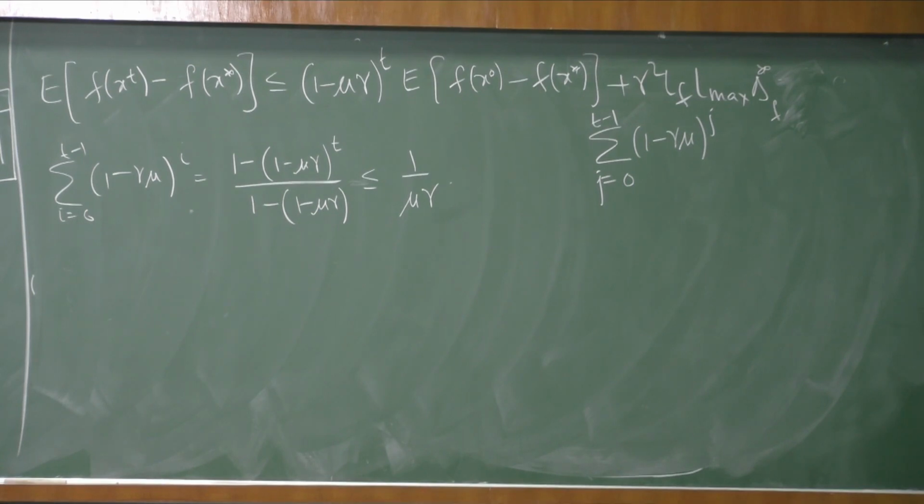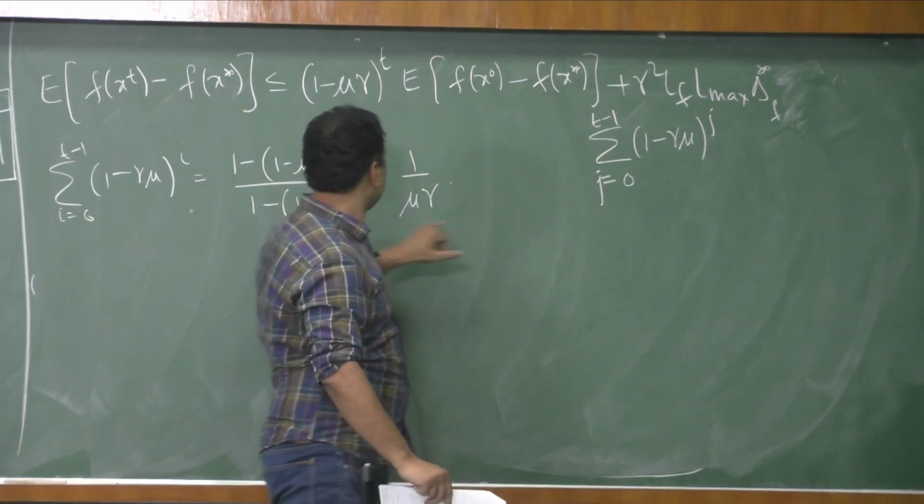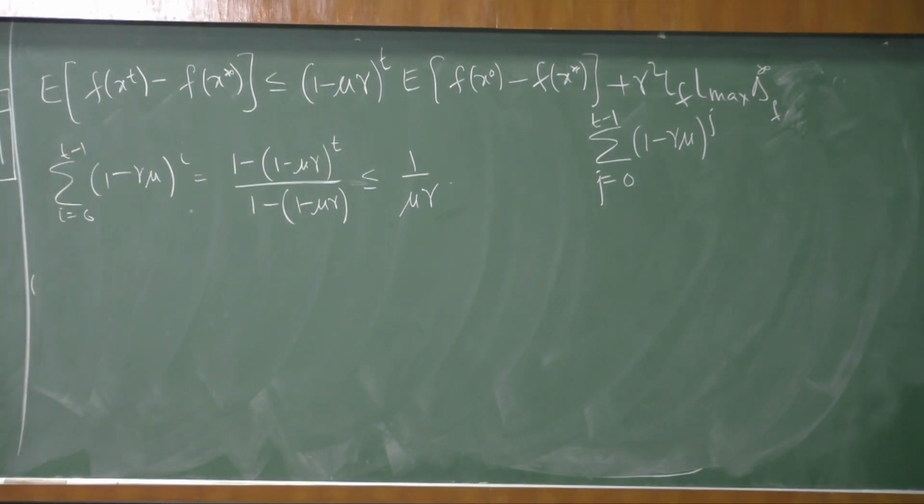And overall, what was the theorem? Theorem 1 by mu gamma, and then there is a gamma square above. So gamma gets cancelled. So we get exactly the statement of the theorem. Okay, so that's it. So you substitute this guy by less than equal to this, cancel out the gamma, and that's the final statement of the theorem.